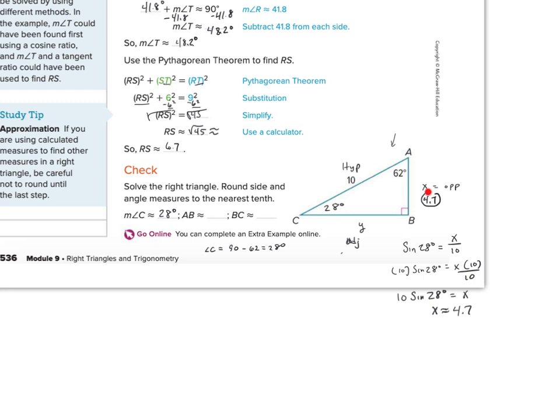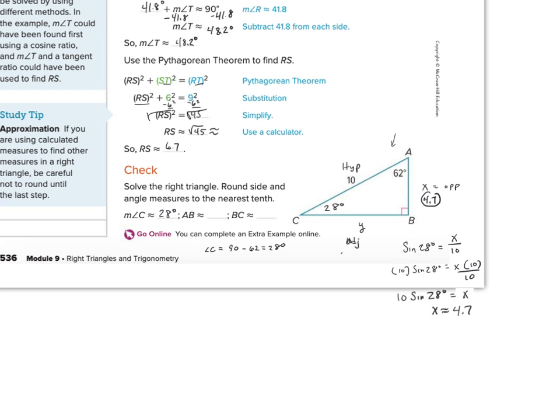So in order to find x, I would use the opposite over the hypotenuse, or sine. So the sine of 28 degrees is equal to x over 10. Multiply both sides by 10 to get rid of the denominator. So 10 over 10 simplifies to 1, so x is equal to 10 times the sine of 28 degrees, which when the calculator spits out the number, x is approximately 4.7.